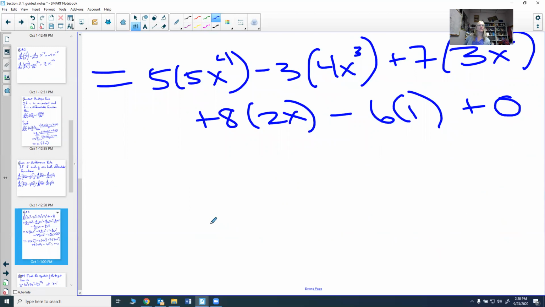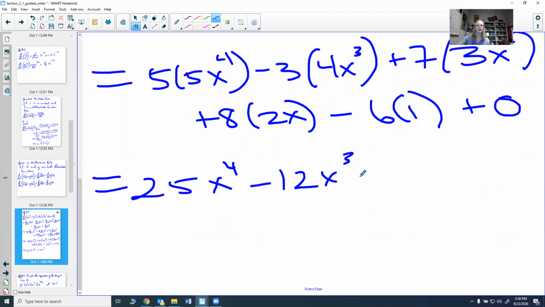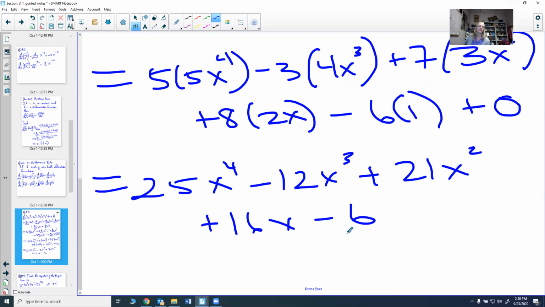Now I can multiply everything together. So now I have 5 times 5, which is 25, x to the 4th, minus 12x cubed, plus 21x squared, plus 16x minus 6. This is the long way.